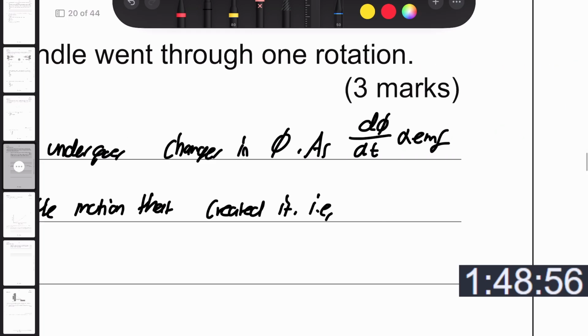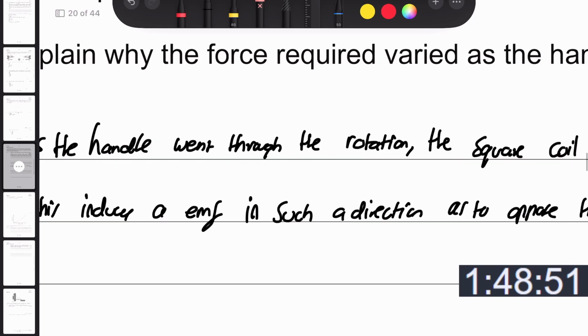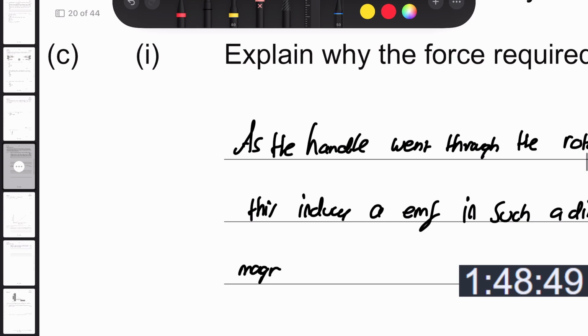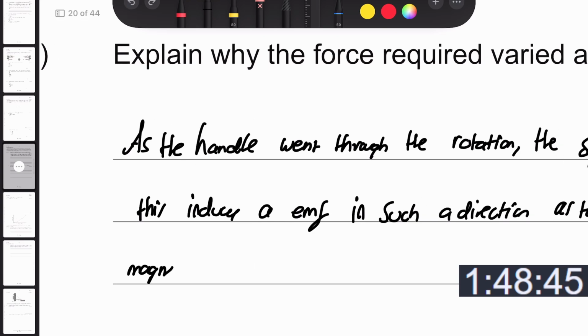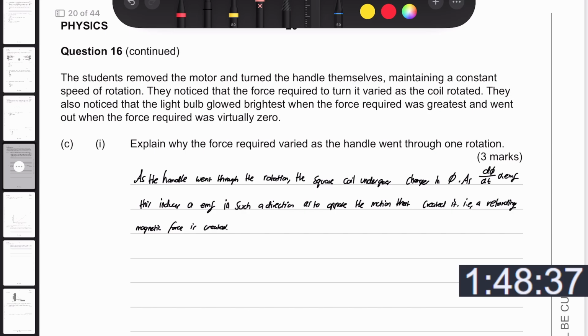And hence, a retarding magnetic force is created.